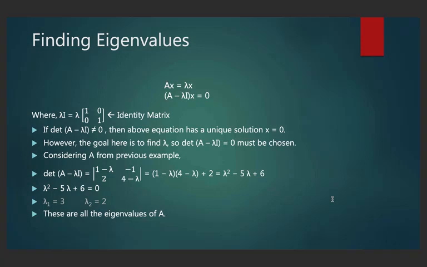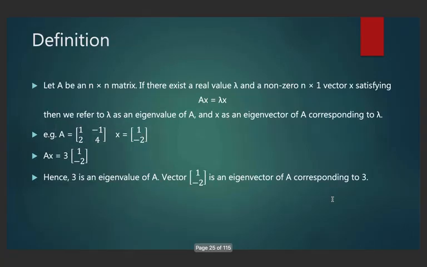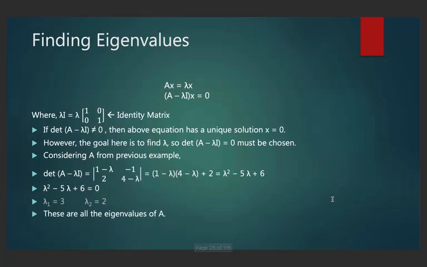However, the goal here is to find lambda, so the determinant of A minus lambda I equals 0 must be chosen. Considering A from the previous example, if you do A minus lambda I, you subtract lambda from the diagonals, since it's a square matrix: 1 minus lambda, minus 1, 2, 4 minus lambda. So here you can see you have found the lambda values, lambda equals 3, lambda equals 2. These are in fact the eigenvalues of A.